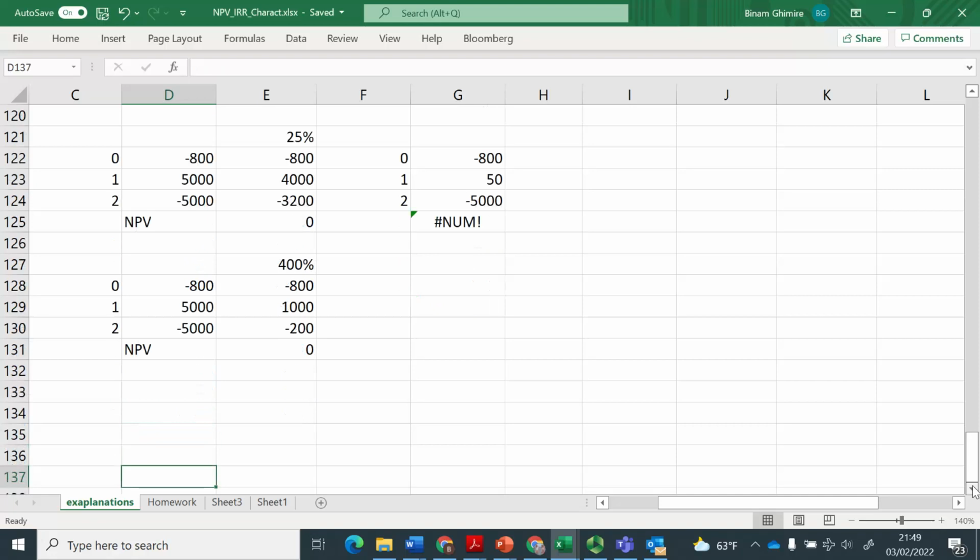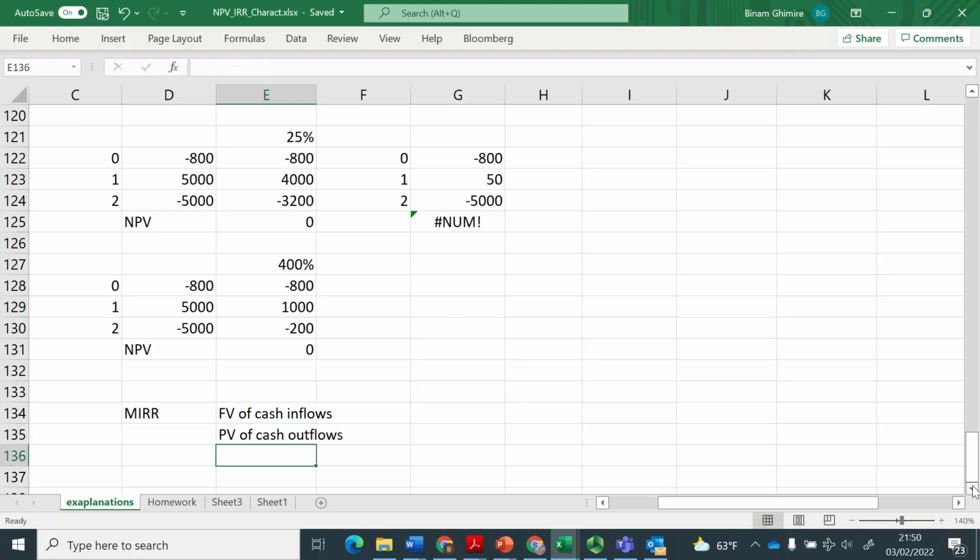In order to resolve the problem of multiple IRRs, you can make use of a method called modified internal rate of return. Now, in terms of formula, what you need for modified internal rate of return is the future value of all cash inflows and the present value of all cash outflows.